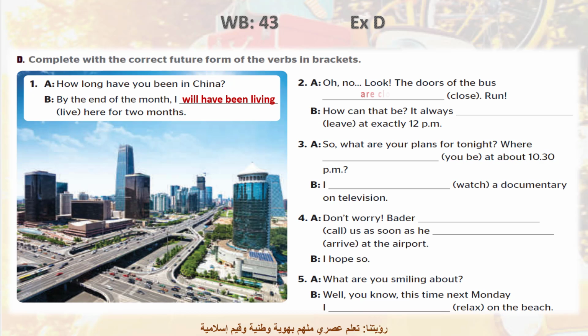Are closing and leaves. Number 3. Will you be and will be watching. Number 4. Will call and arrives. And finally, number 5, will be relaxing.